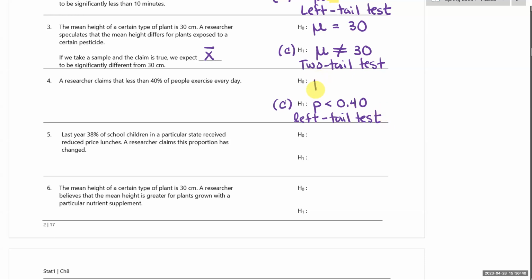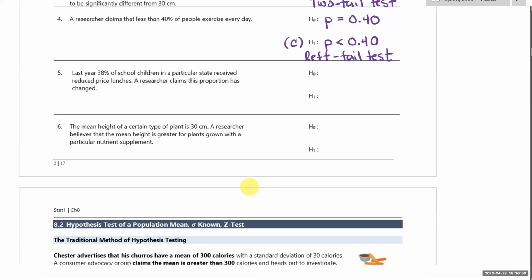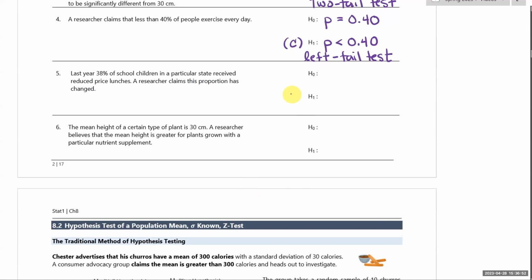Again, just trying to get the idea here. The null hypothesis, always equal and always the same number that was in the claim. So as we read longer questions, it's really just good to focus on the claim because there will be more numbers involved in problems once we get moving.